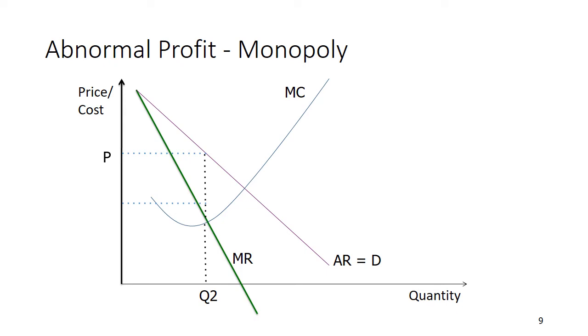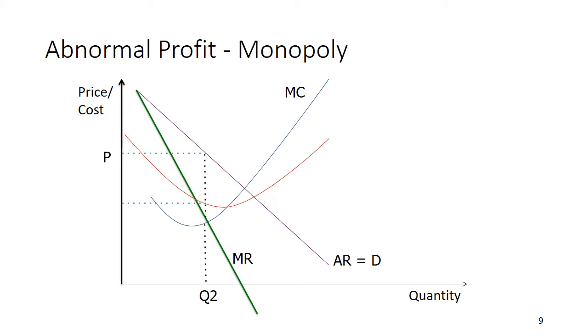In this case, when they are earning abnormal profits, definitely their AC curve should be below the price they charge. So their AC curve looks like this, right? If their AC curve goes below their demand curve, then definitely their AC will be here.